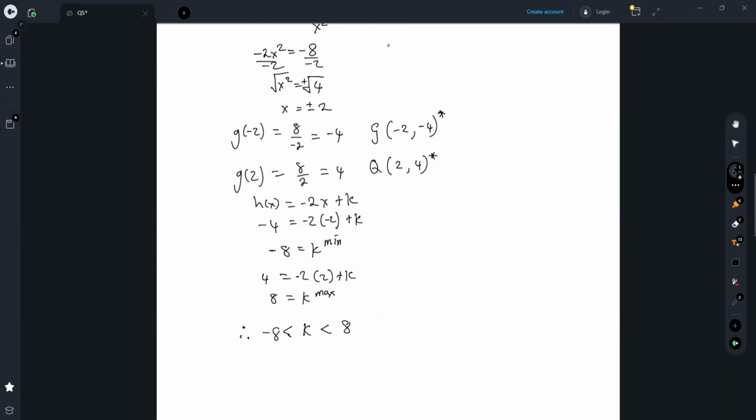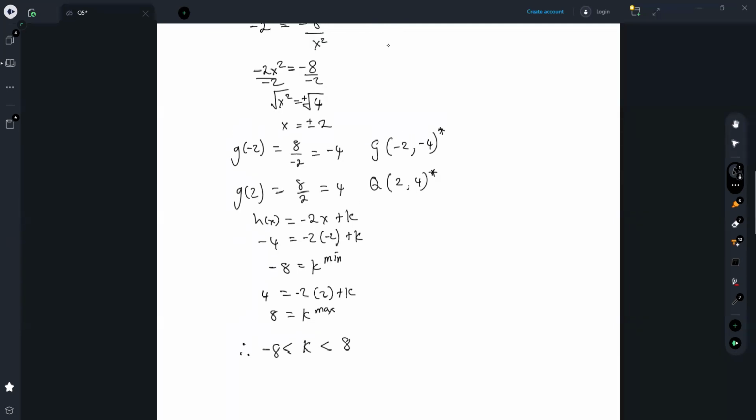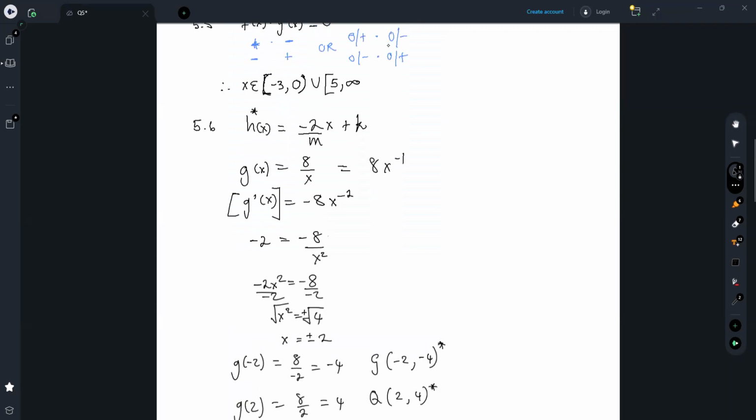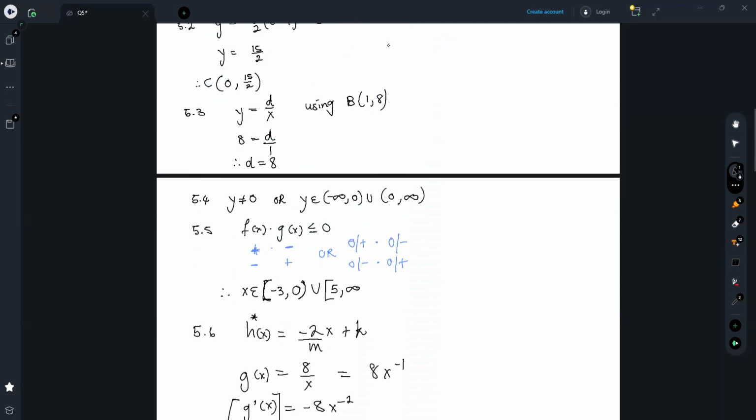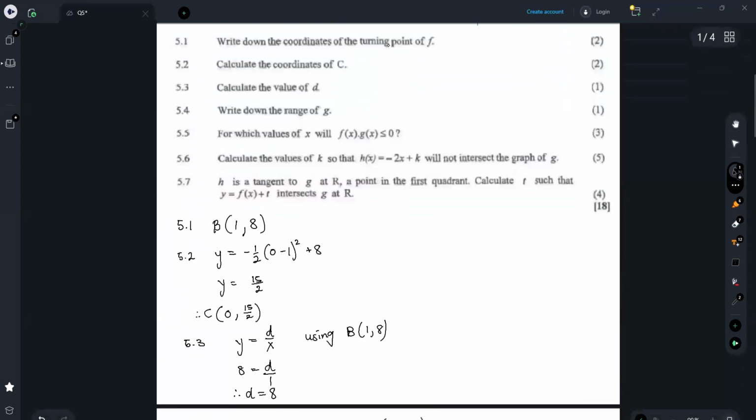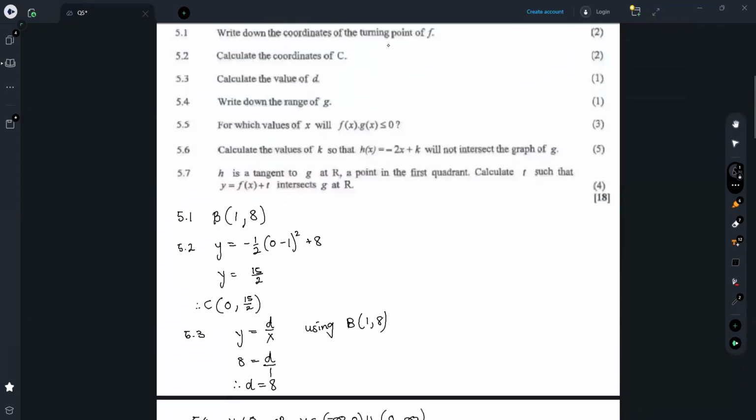We cannot include the values of negative and positive 8 because if we do, then we are saying that it is allowed to be a tangent at those points there. And that's how we would solve this question. Very nice. It needs a bit of analysis, but I would definitely say it's a nice and easy question. Okay, let us go on to 5.7.